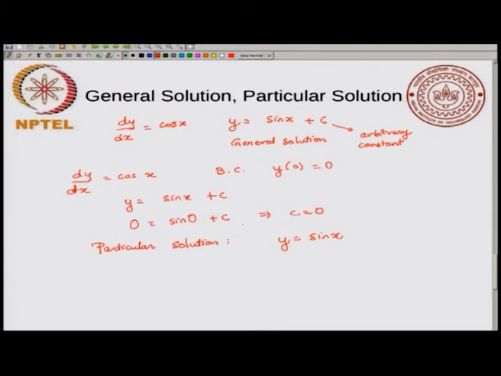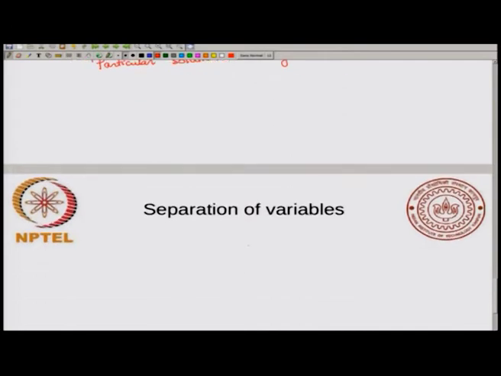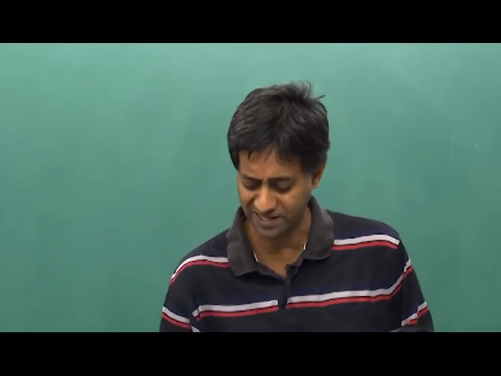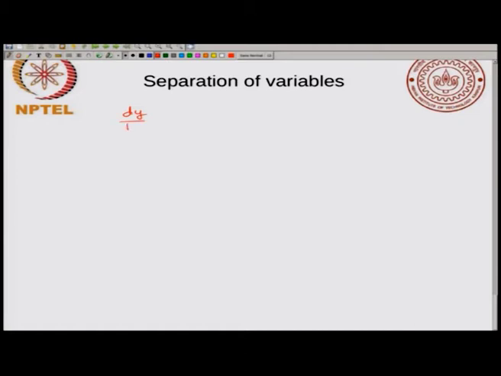So, now what is the general strategy for solving differential equations? The first thing that you try to do when you get a first order differential equation is to separate variables. So, for example, if you have dy by dx is equal to 3xy plus 2x, then what you will do is you will try to write this as dy by dx is equal to x times (3y plus 2).